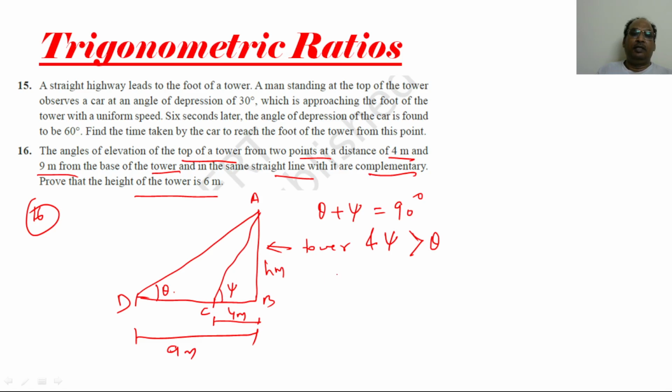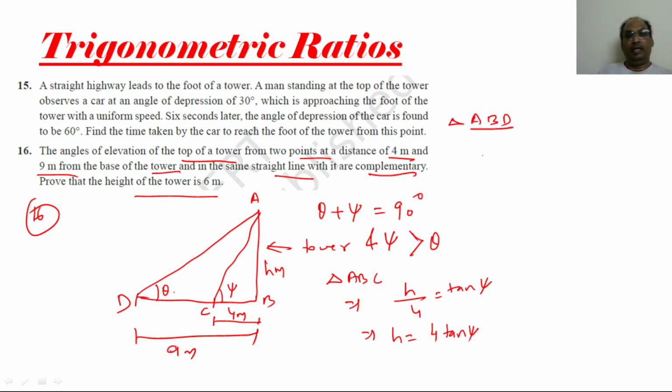Now let us see, in triangle ABC, tan psi is h by BC, and BC is what? 4. So tan psi is equal to h by 4, so h is equal to 4 tan psi. Come to triangle ABD.